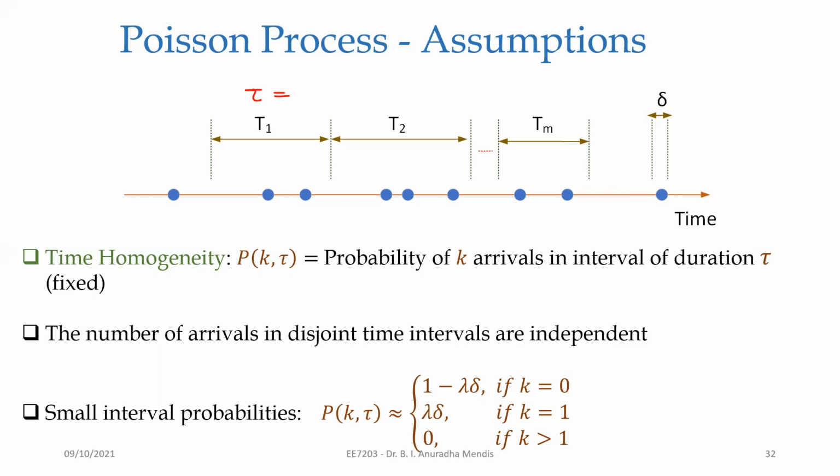Now you know, for network planning, you need this type of process handling. Okay, so what is the probability that k customers arrive in that duration? That we denote as P_k(tau).